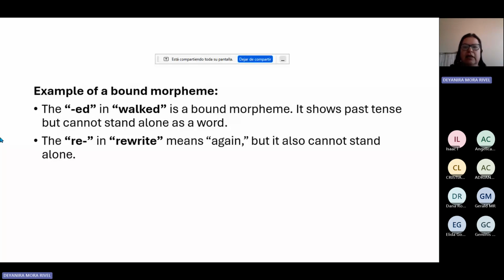I cannot say it and mean something. Also in the word rewrite, I can see that there are two morphemes, one that means to do something again, and write, which has meaning on its own.